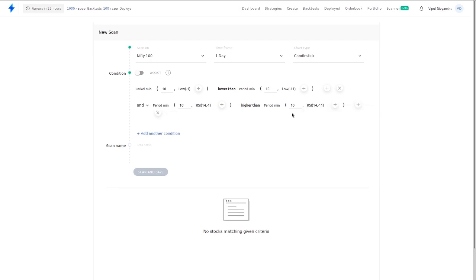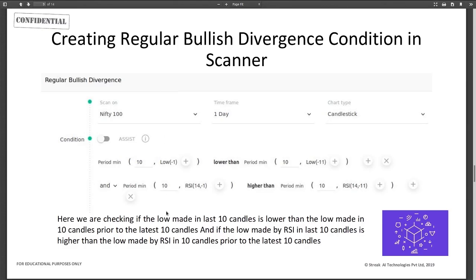Now if you want to create this on a bigger period, simply change it accordingly. Let me first explain what is written here. Here we are checking if the low made by 10 candles is lower than the low made by 10 candles prior to the latest candle, which forms the price line.